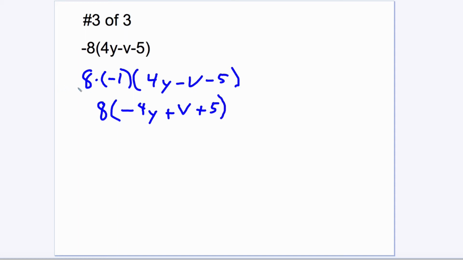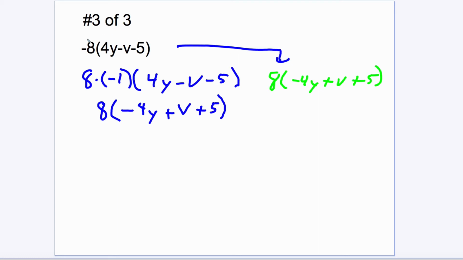Now, this is the way I actually prefer, is just to multiply through by a negative. And let me show you over here. I'm going to use a weird green color. I can just take negative 8, 4y minus v minus 5, and I can write 8 times negative 4y plus v plus 5.